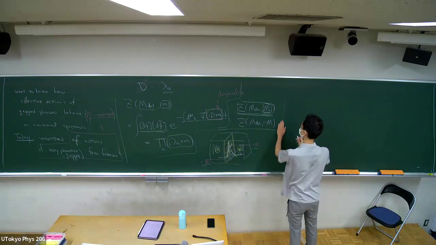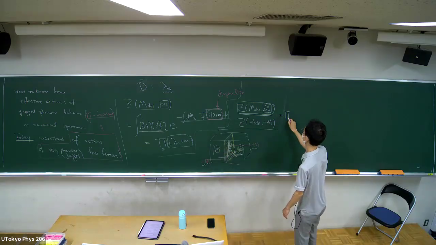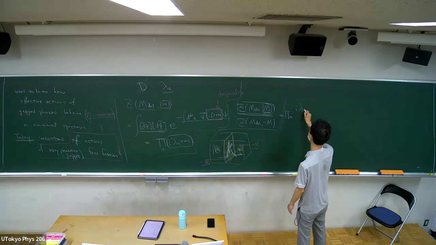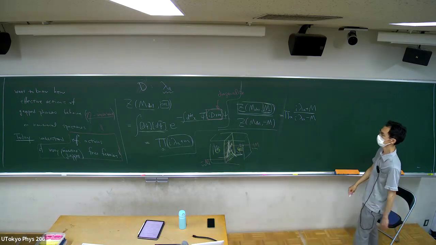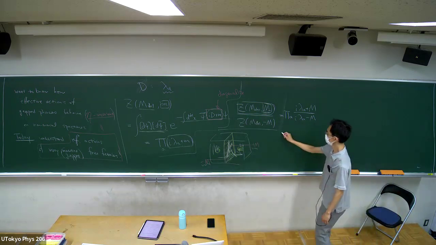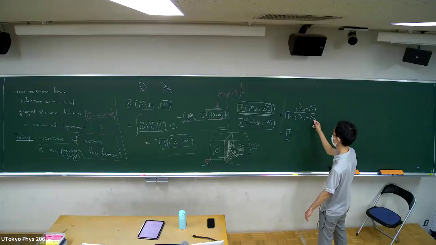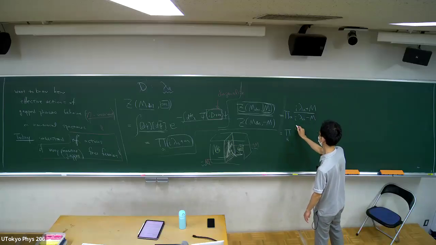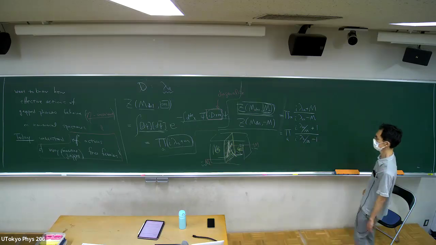If you do this, things get better because you just do this product, and you can divide by m on both sides, and you get this minus 1.